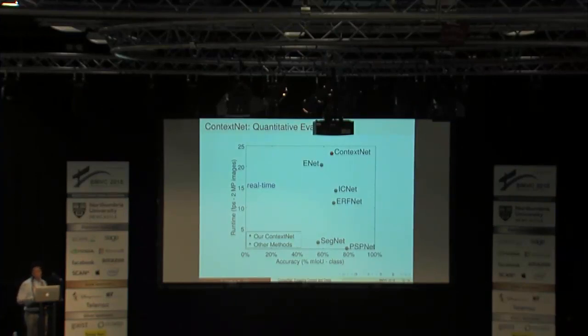If you see our ContextNet, accuracy is slightly lower, but we are almost 25 to 30 times faster than PSPNet, right? There are only two methods, ENet and ContextNet, for real time on 2 megapixel images, and compared to ENet, we are almost 10% better. So I think I convinced you that ContextNet is one of the fastest semantic segmentation models proposed.